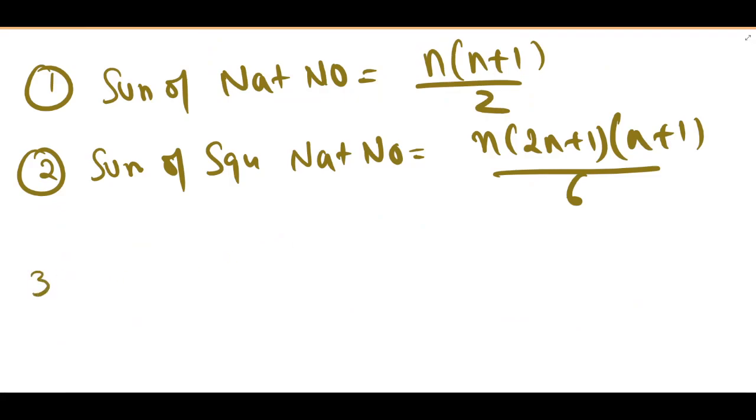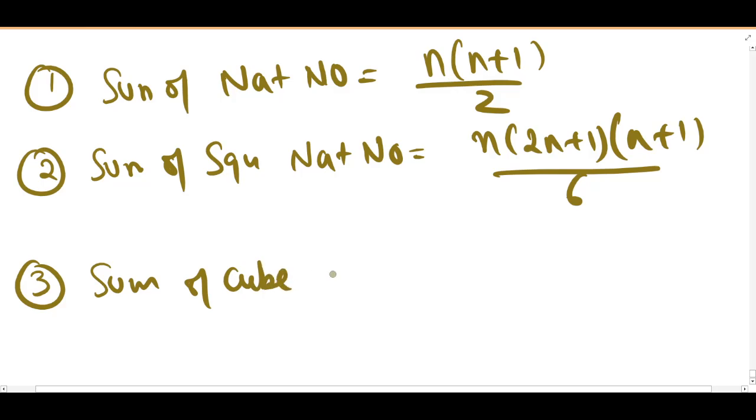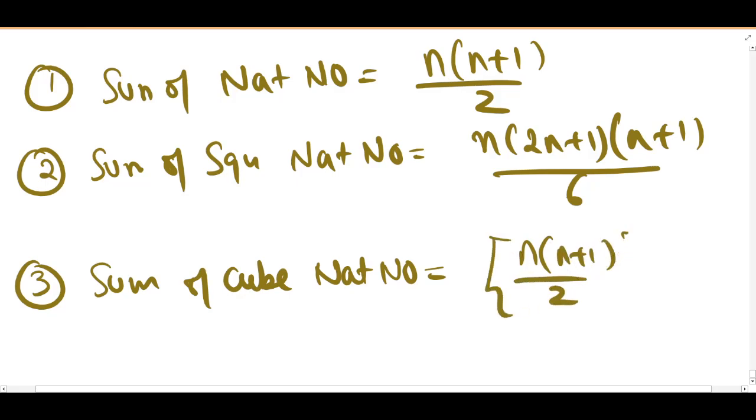And third, the sum of cube of natural numbers is equal to (n(n+1)/2) whole square.